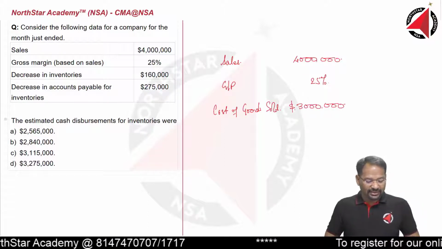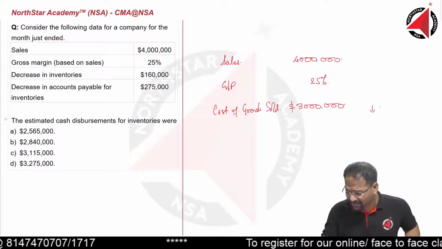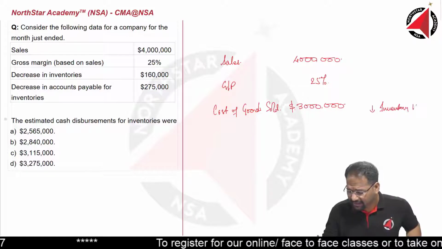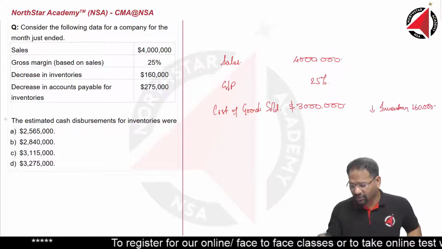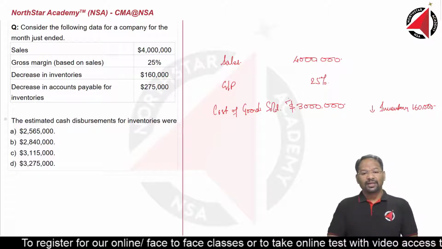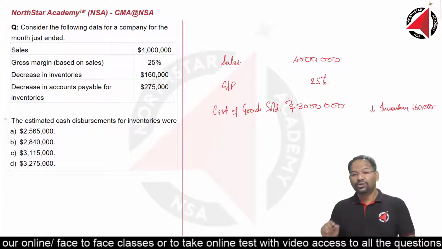Further, the question says the decrease in inventory is 160,000. So inventory has decreased by $160,000. It means that if whatever we have sold was exactly what we purchased, there would have been no change in the inventory level.